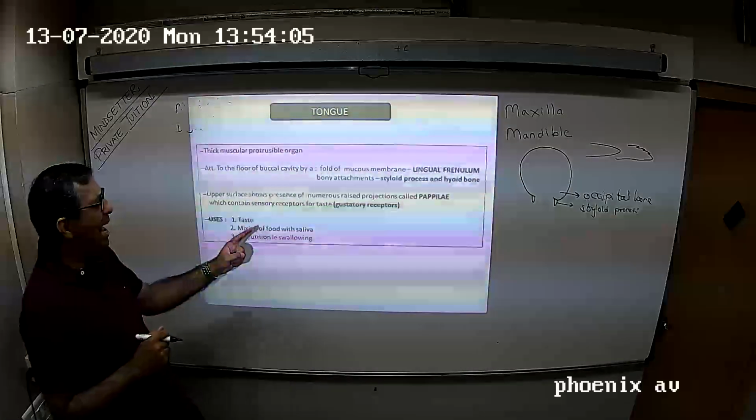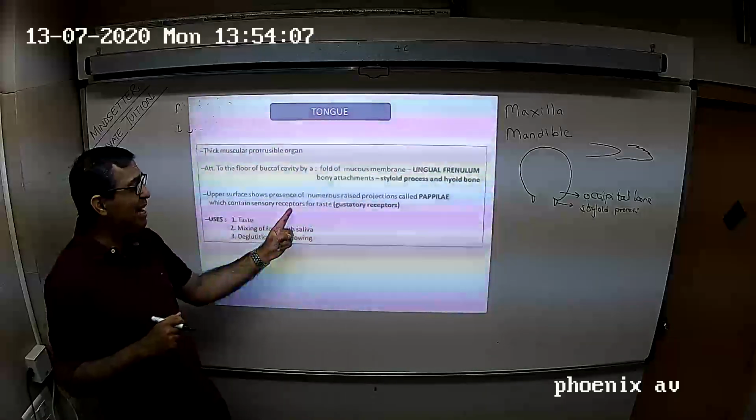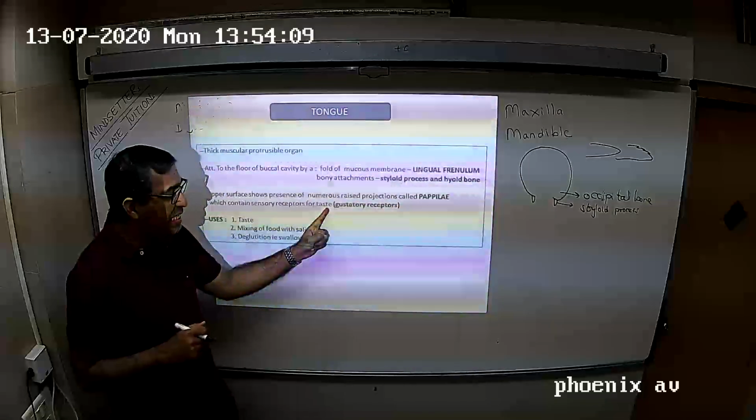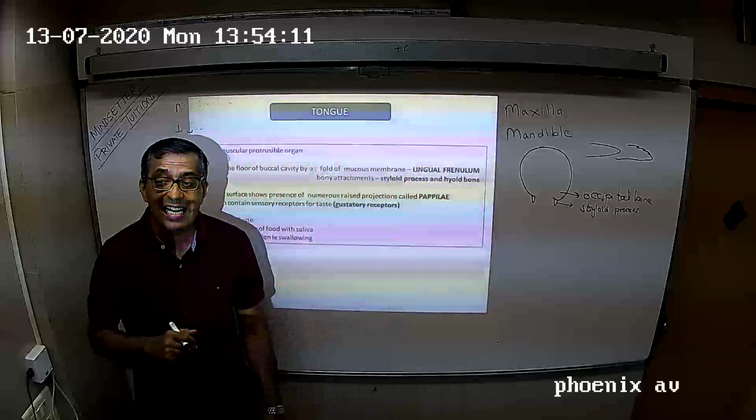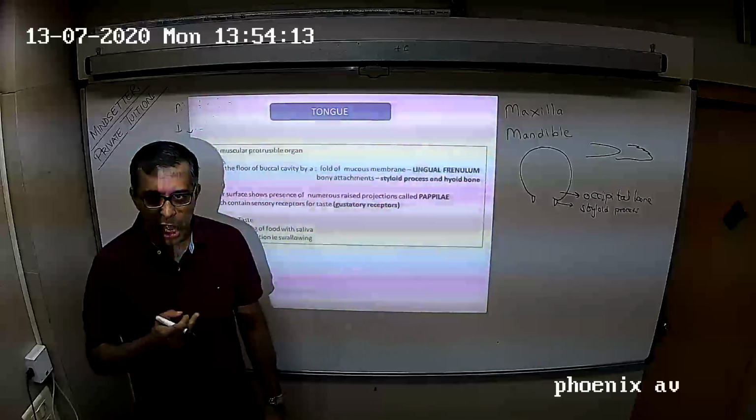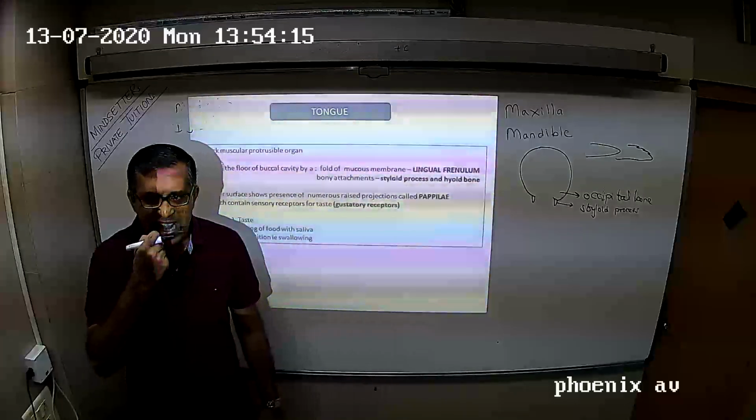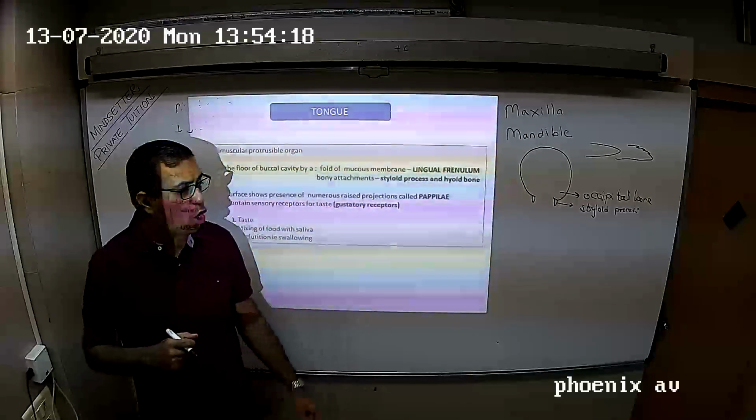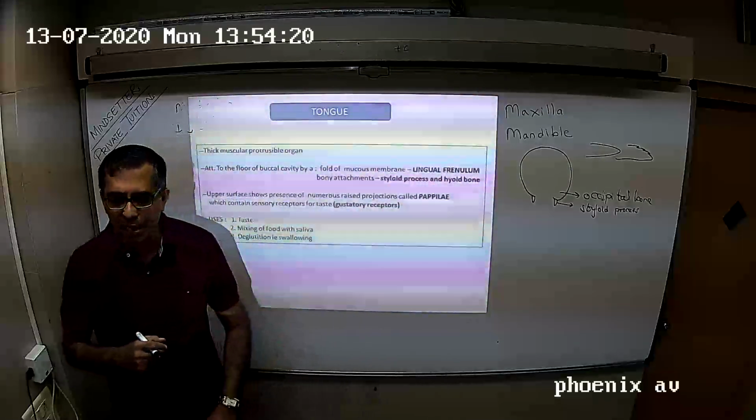The papillae have in them sensory receptors for taste, which are called gustatory receptors. So on the tongue there are taste receptors, which are called gustatory receptors.